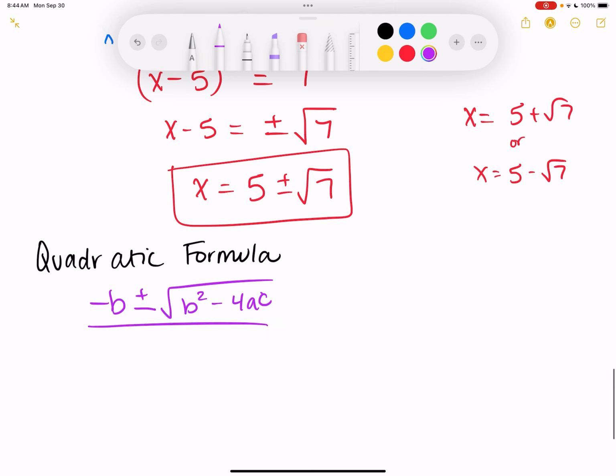Have to think about it. Negative b plus or minus the square root of b squared minus 4ac all over 2a. So that's the quadratic formula.